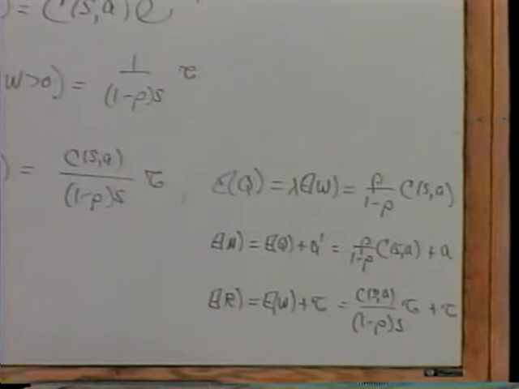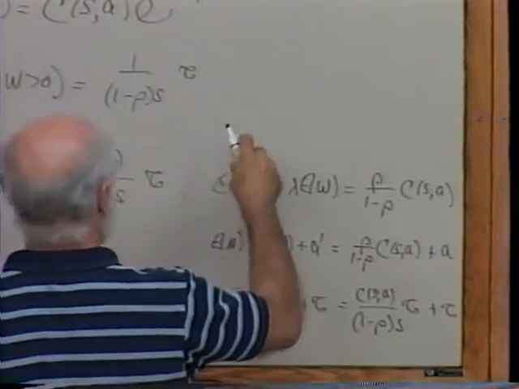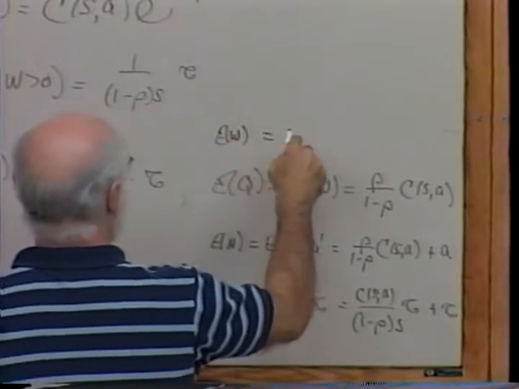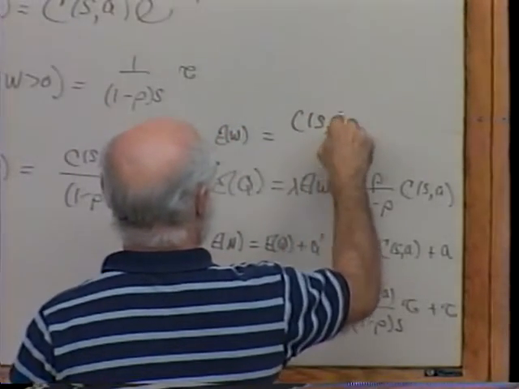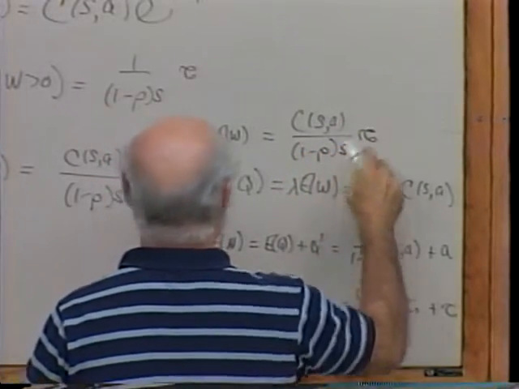Now for MM1, let's see. Let me move this up here. Here's EW equals C of SA divided by 1 minus rho S tau.